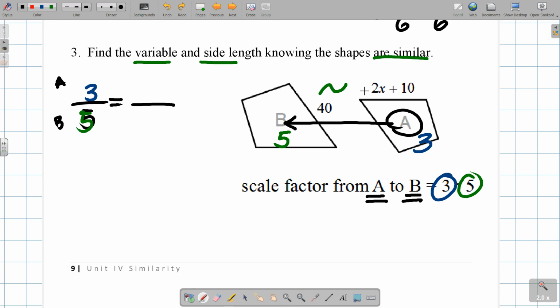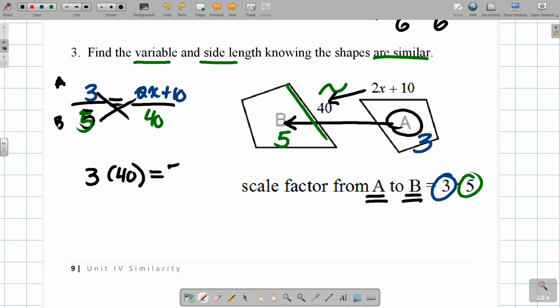So to solve, I'm going to go from A to B again, which is 2x plus 10 over the matching 40. Cross multiply. 3 times 40, 5 times 2x plus 10.